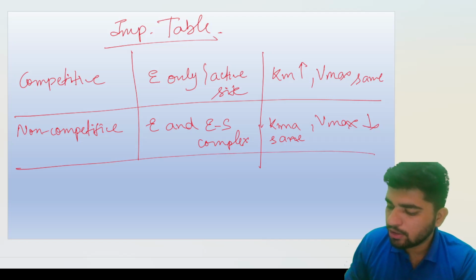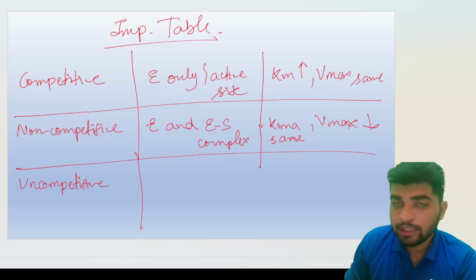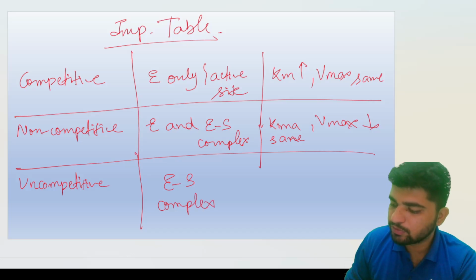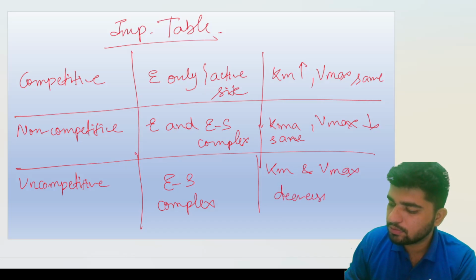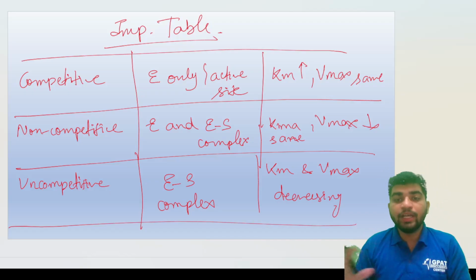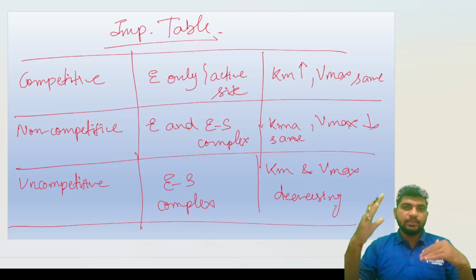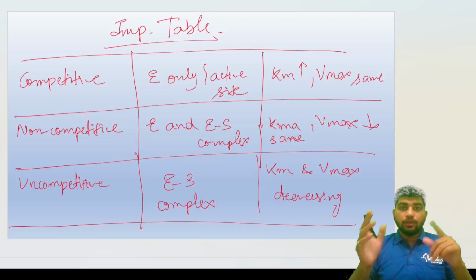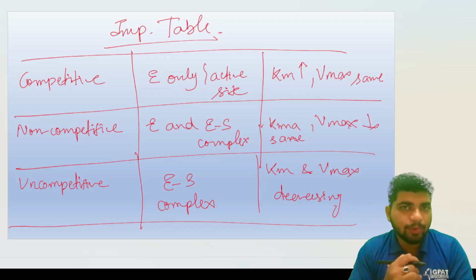Also, if we talk about the uncompetitive one, it was binding onto the ES complex only. The drug was binding onto the ES complex only, and both Km and Vmax were decreasing. Okay, so this is the table that you have to learn, and why they are altering. Now you have got the concept behind it.